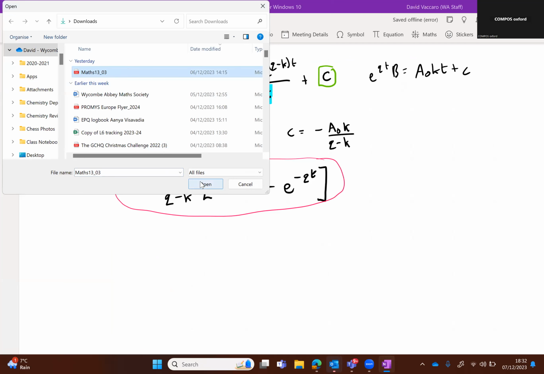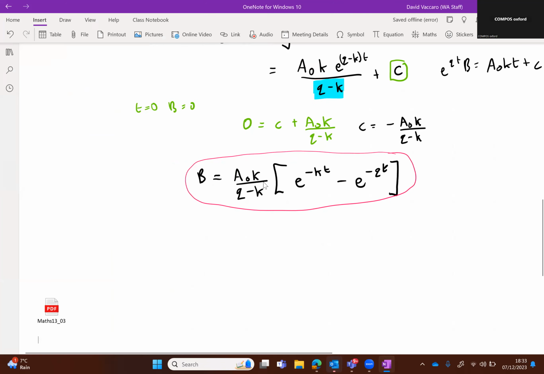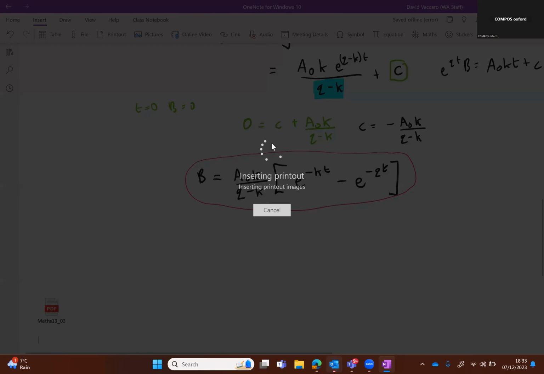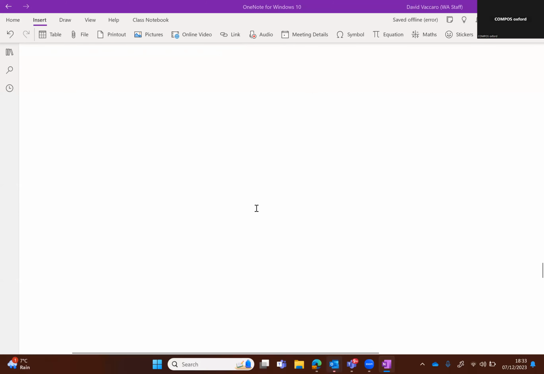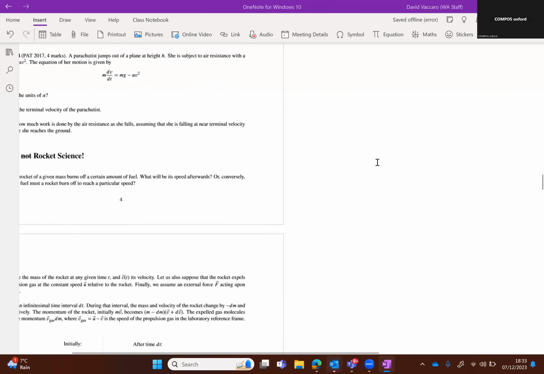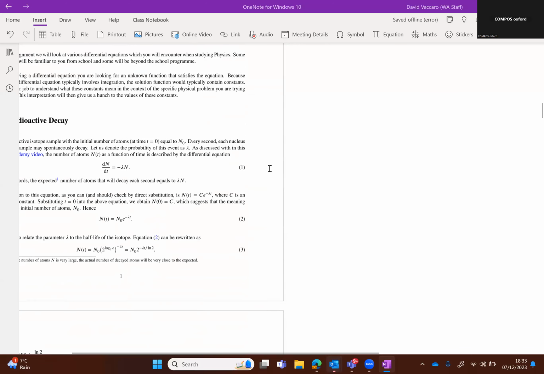Would people like me, next up, to go through one of the questions from the sheet, or would they like me to do another example like this, which is a little bit of extension? Another example. Oh, brilliant. Everyone's asked for extension. Good, that's what I'm keen to do as well. So if there are questions from the sheet you want me to go over, do let me know.